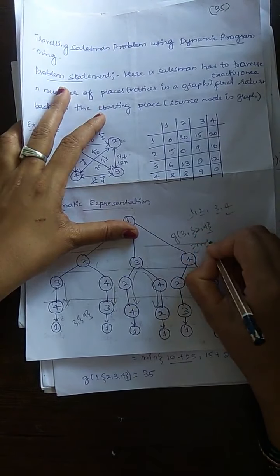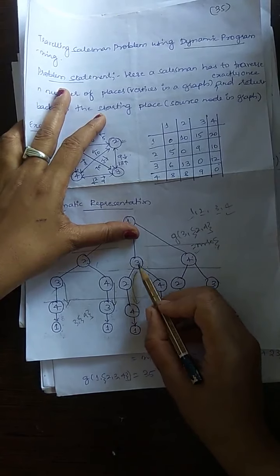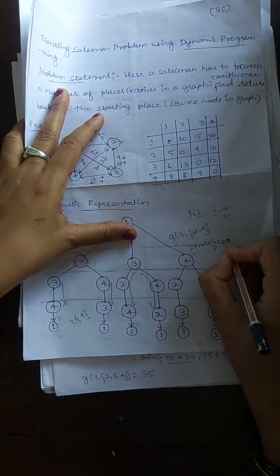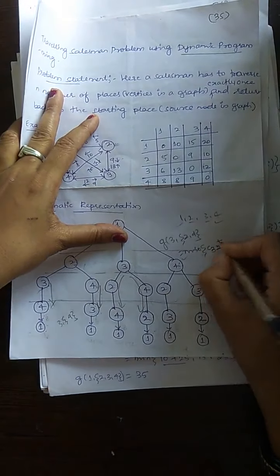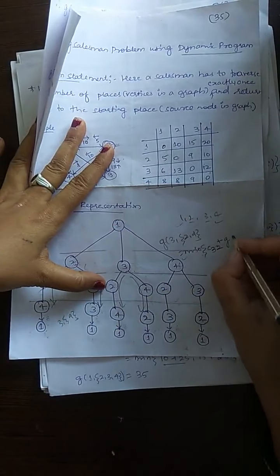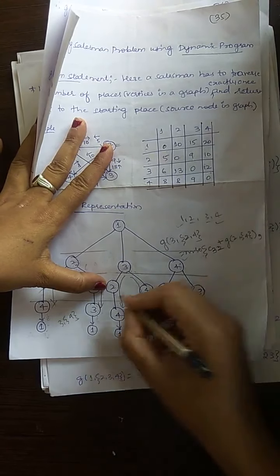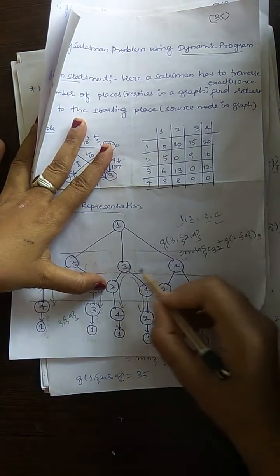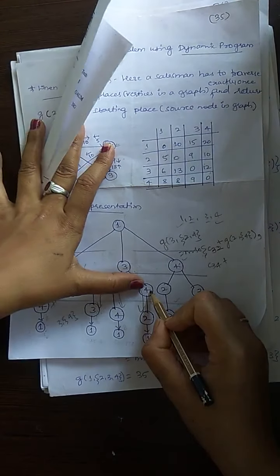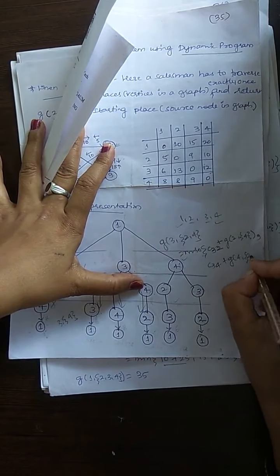So minimum of C of 3 to 2 plus cost of 2 to 4 here. Cost of 2 to 4, where 4 is remaining. This part, or C of 3 to 4 plus 4 to remaining. So G of 4 to remaining here is 2.